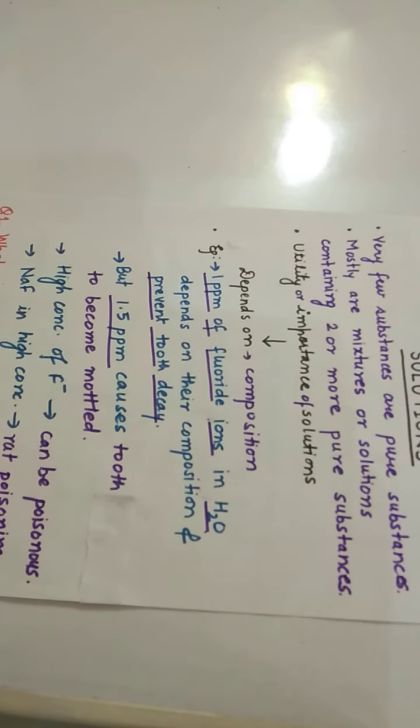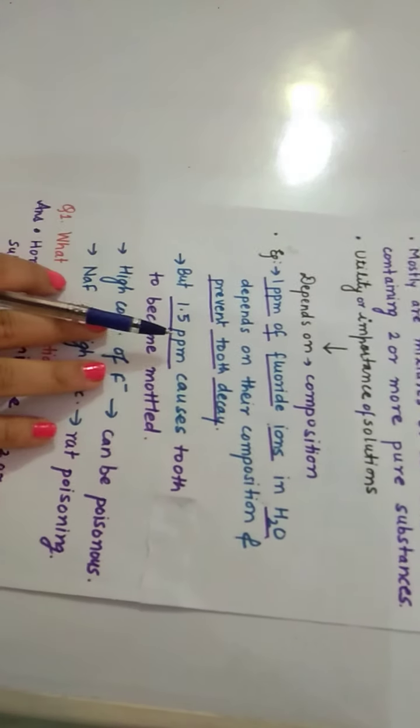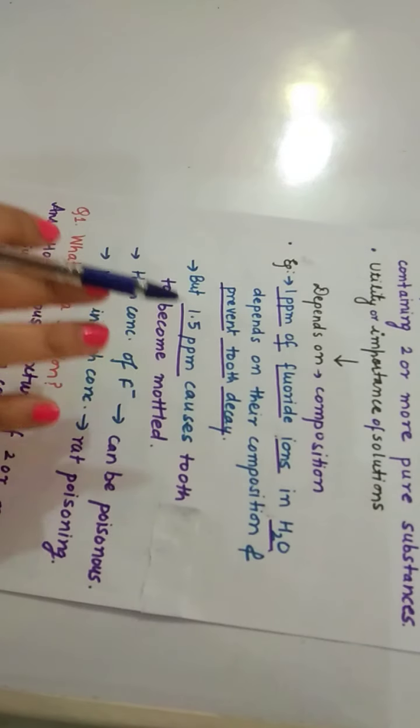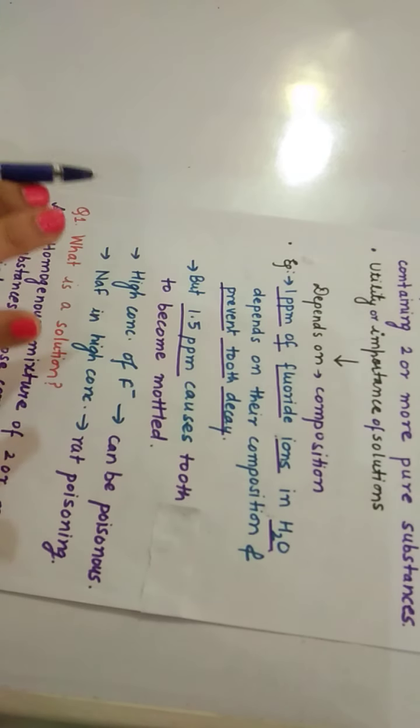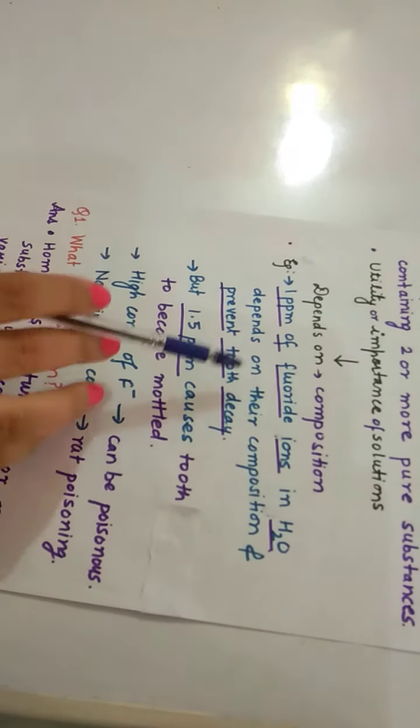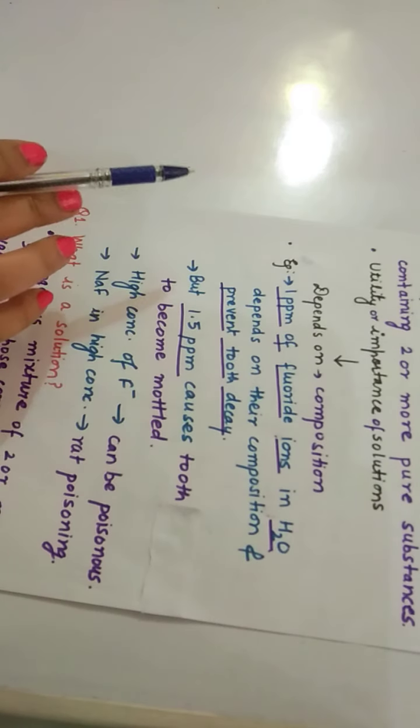Now one question arises: why are we studying this chapter, and what is the utility or importance of solutions? So we'll see one example from our daily life. We all brush our teeth daily, and if you are science students, then you must know that toothpaste has fluoride ions.